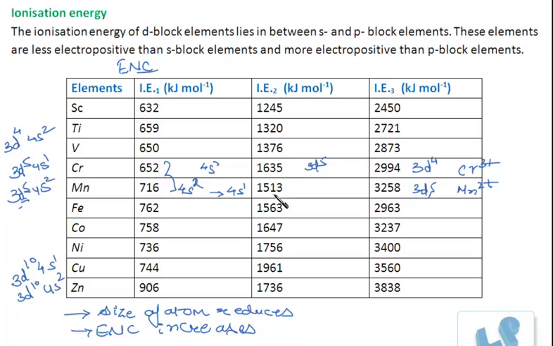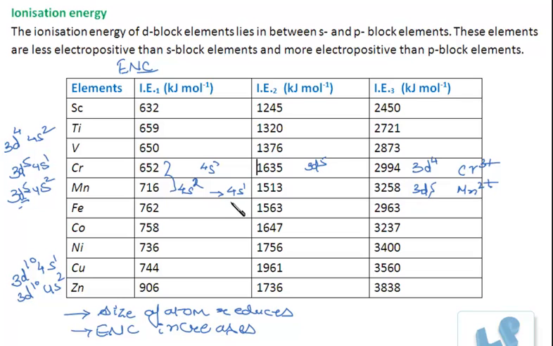So in the case of chromium, Cr3+ is more stable than Cr2+. See, the variation in the second and third ionization enthalpies of chromium and manganese is useful in studying their behavior.